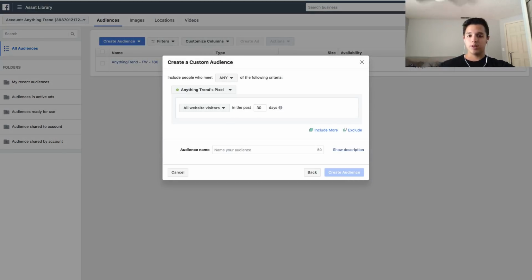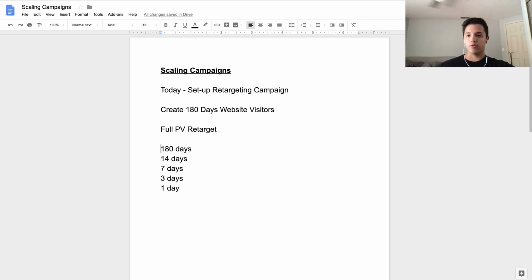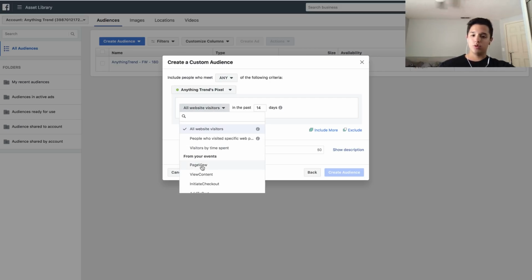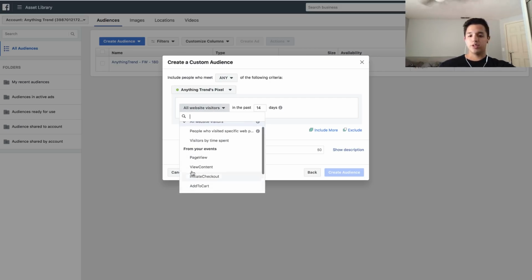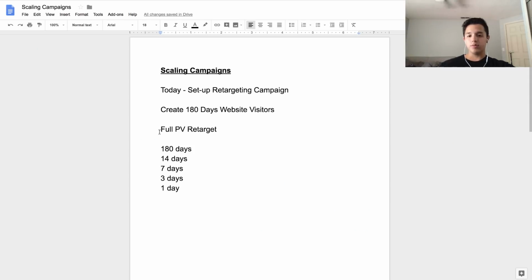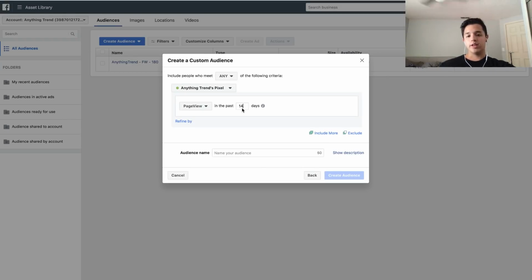Let's do the same thing. Like I said, next we're going to be doing 14 days, all website visitors. And what you can do is change this to view content or initiate checkout, but we're probably going to do page view for this. So, full page view retarget. Let's start with 180 days and we'll go down to 14.